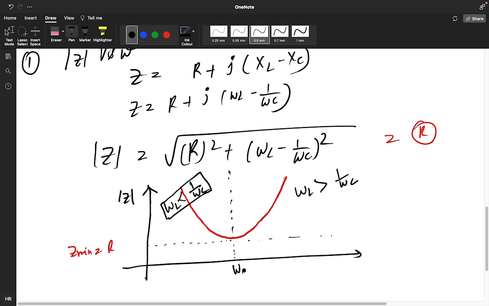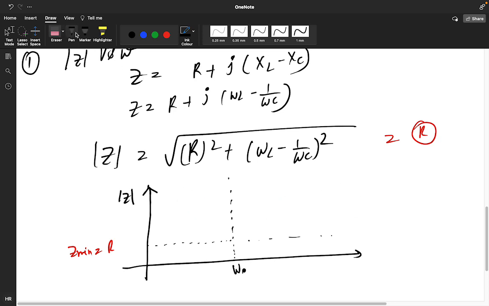Or, I am just confused. Let me think. Okay, the function is like this.